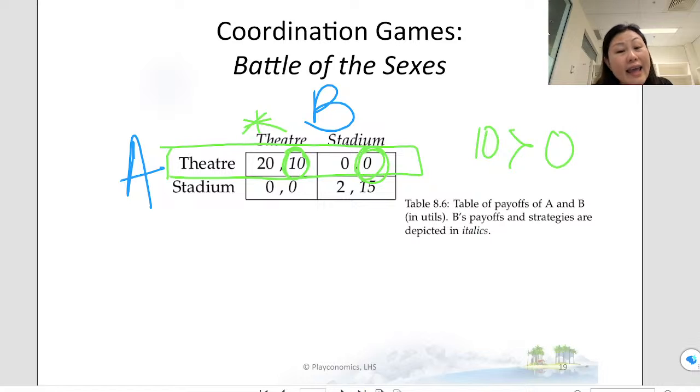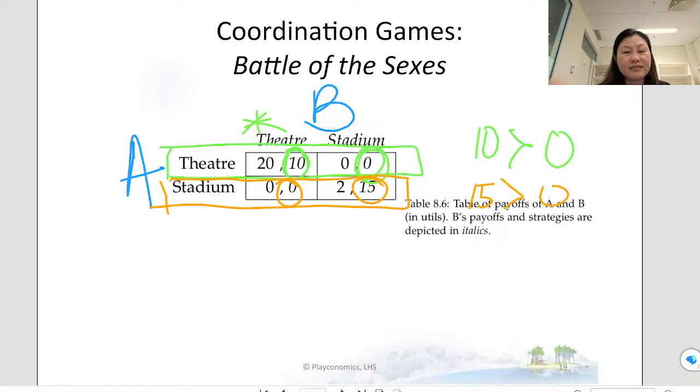If player A, on the other hand, goes to the stadium, the optimal choice for player B is 15 and 0. 15 greater than 0. And so we choose going to the stadium.